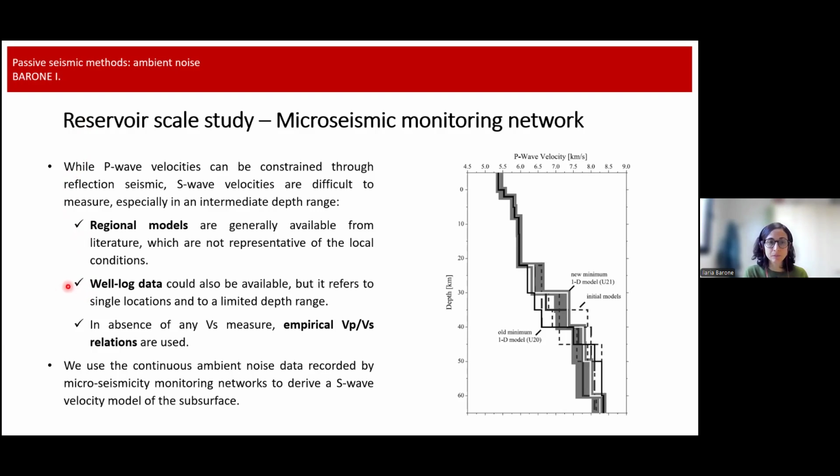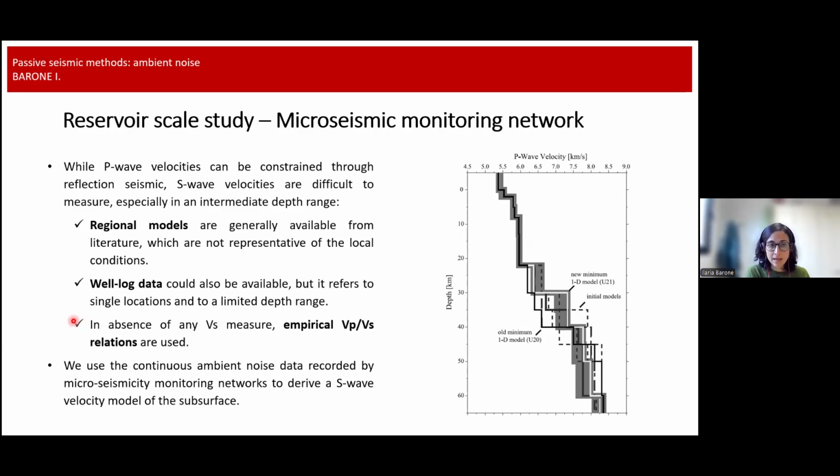Or we use well-log data that instead is very precise, but refers to single locations, so it may not be representative of the average conditions around the reservoir.